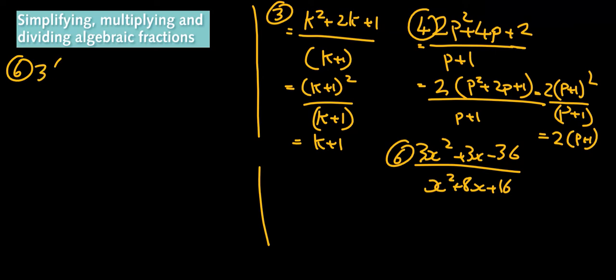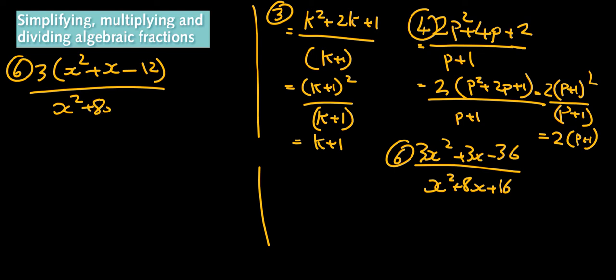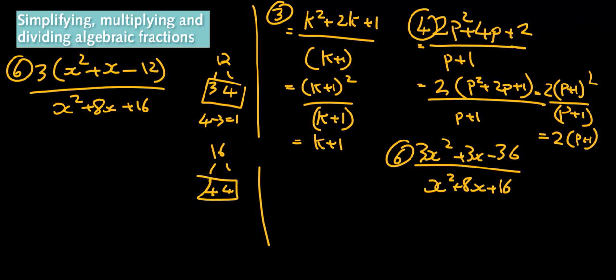So we factorize the 3 out in the numerator. So just look at factors of 12, 3 and 4, select because 4 minus 3 is 1. Factors of 16, 4 and 4, select because 4 plus 4 is equal to 8.